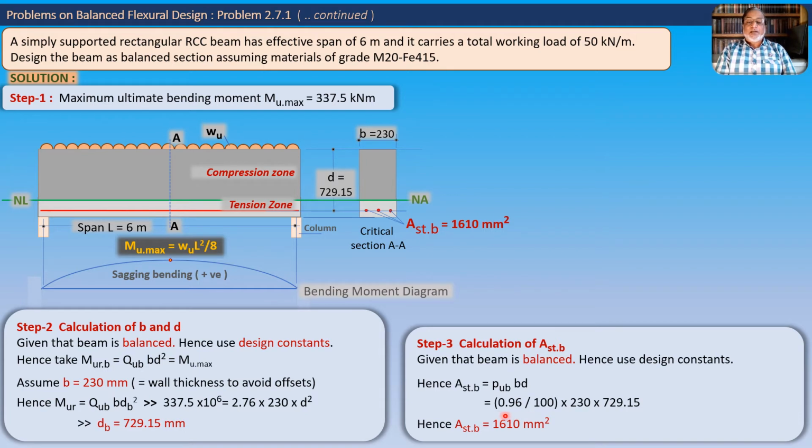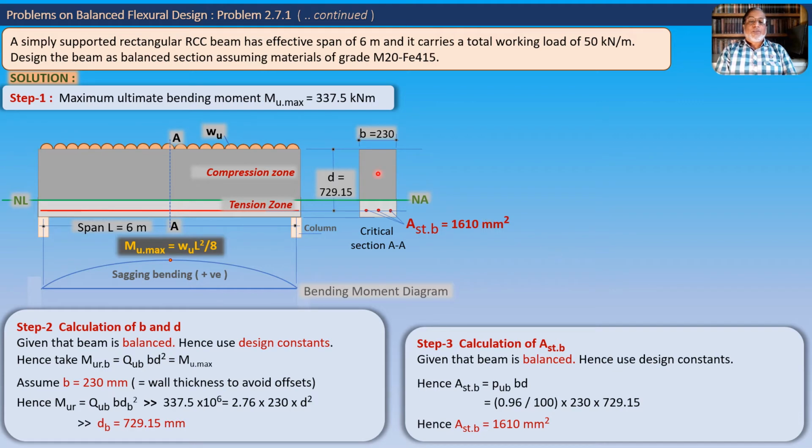So this is 0.96 upon 100 into 230 into the effective depth which we have calculated from the earlier step 2. So here, like this, we substitute the three values and we get the area of steel like this. So this is the value of area of steel, b meaning balanced steel, and that is the last thing we wanted to calculate from this problem.